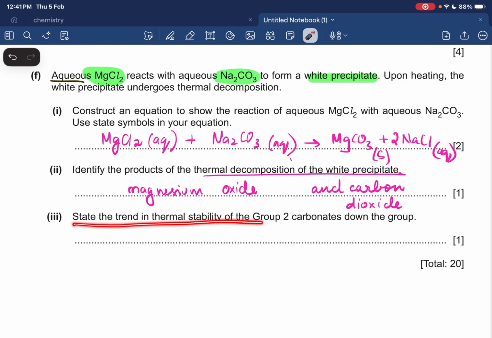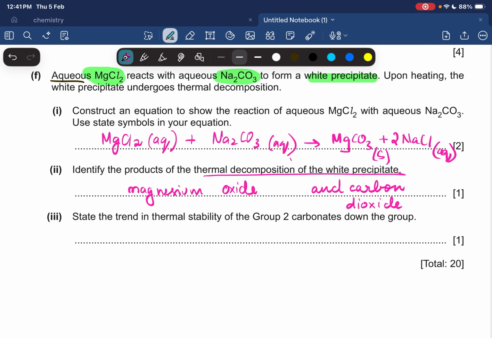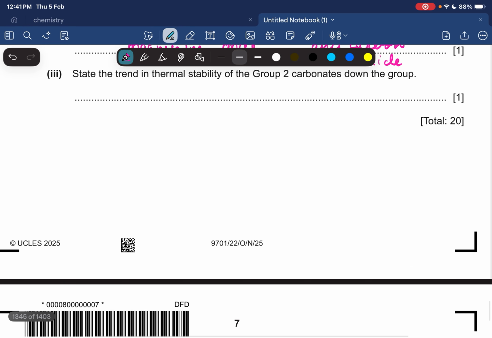State the trend in thermal stability of group 2 carbonates down the group. It increases. Because you know that what's happening down the group is that it's difficult to decompose it because the reactivity increases. So over here you have magnesium, then calcium, then you continue to have more elements: strontium, barium, radium.